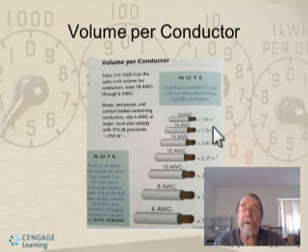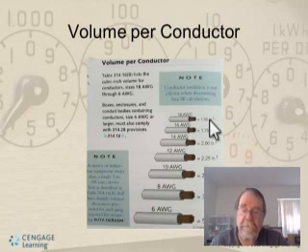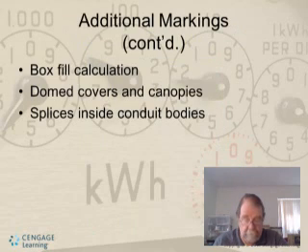So as the wire number gets higher, the wire diameter gets smaller, which means it takes up less cubic inches inside the box. Now, the boxes have additional markings. You have the box fill calculations, dome covers and canopies, and splices inside conduit bodies.